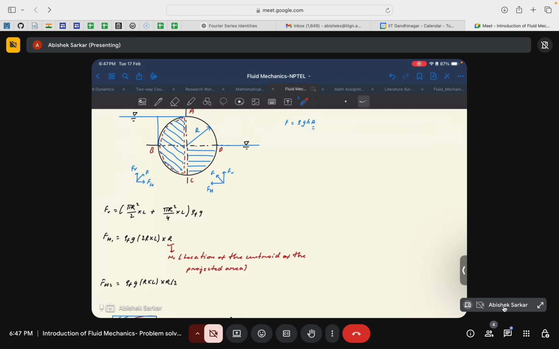The distance of the centroid of the projected area from the free surface would be r by 2. If it's a rectangular shaped plate, the centroid would be half of this height. So it is r by 2.